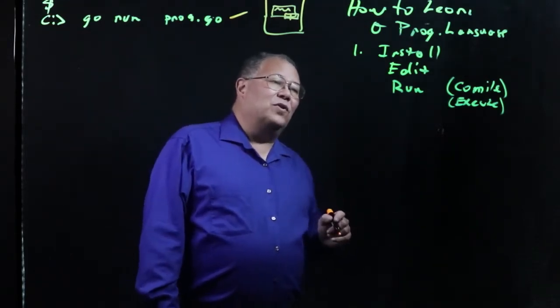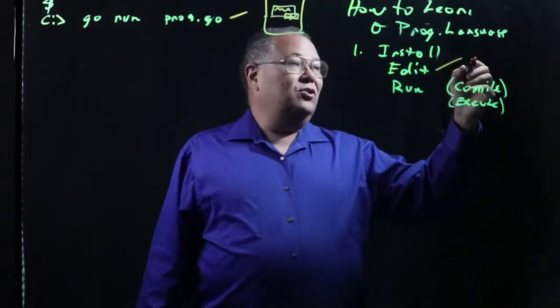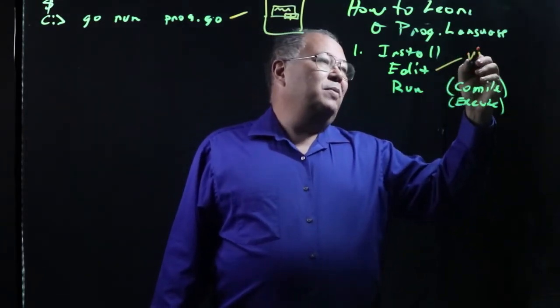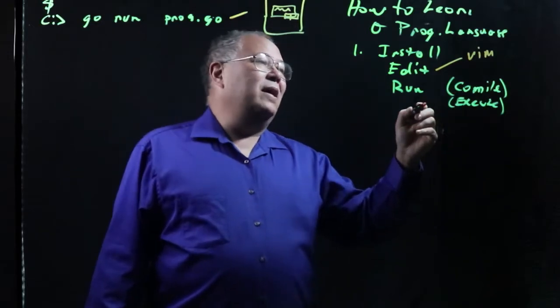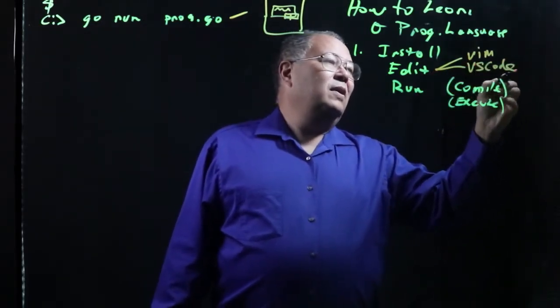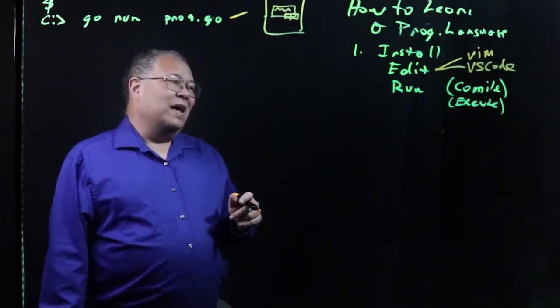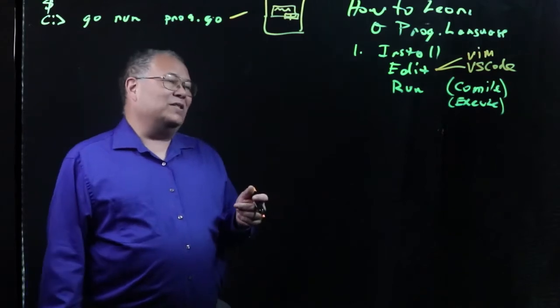Figure out what you're going to use for an editor. I use Vim on the command line a bunch, and I use VS Code. VS Code has the best debugger for Go in existence. So those are the 2 things that I use.